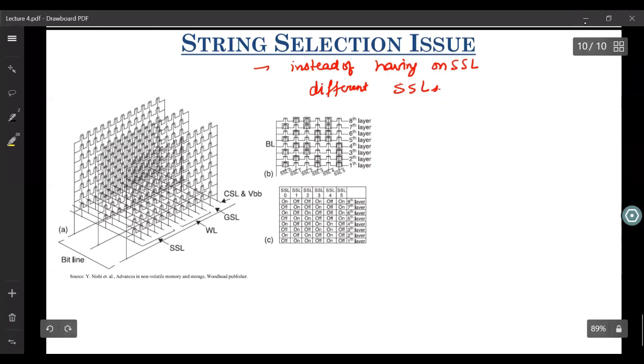So instead of having only one select transistor, they have several of these SSLs, in different layers of strings, right? These are different layers of strings.